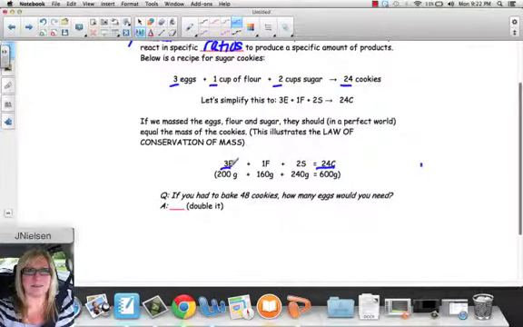I have this ratio here: 3 eggs yields 24 cookies. Therefore, X eggs yields 48 cookies.